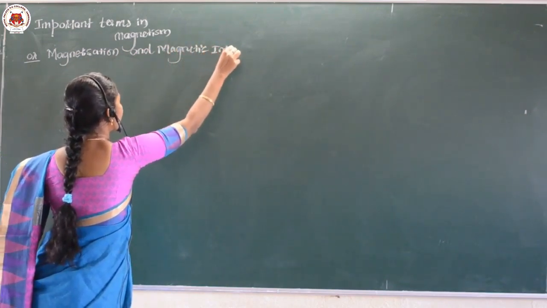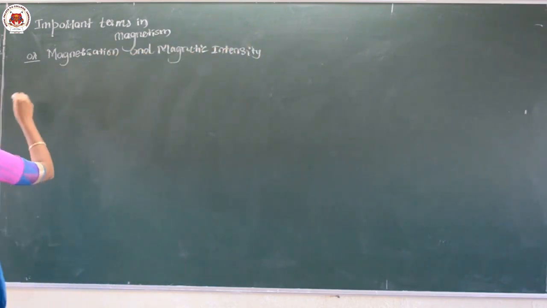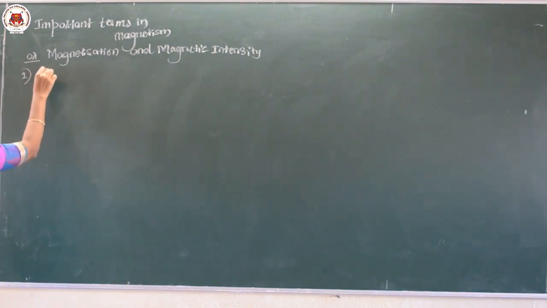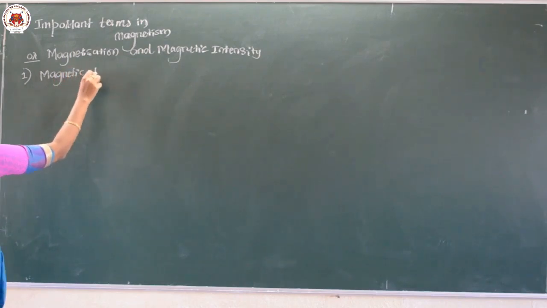Yes, these are the other important terms you have to remember for the point of examination. What are those? Let us start with the first term, that is magnetic induction.